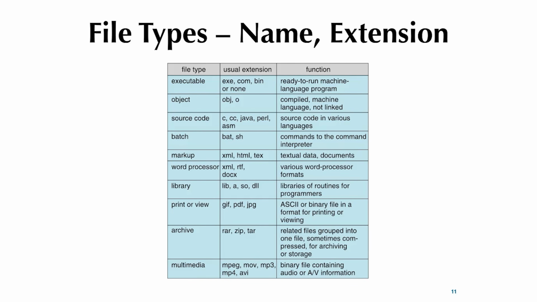Object files would have .o, .obj, or .rel, all these, right? Source files for the different languages, or .asm for assembly, and then batch files would be like shell scripts. Different markup languages, HTML, XML, word processor, library, and so forth, right?